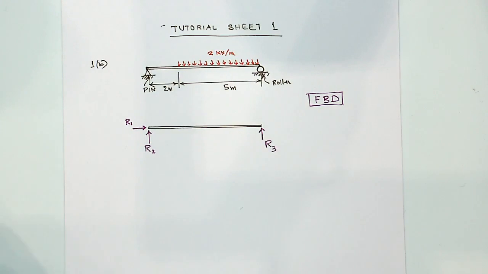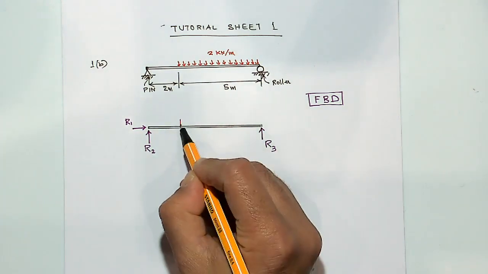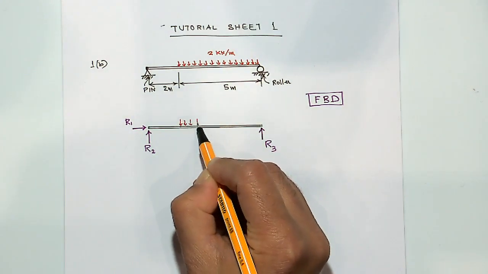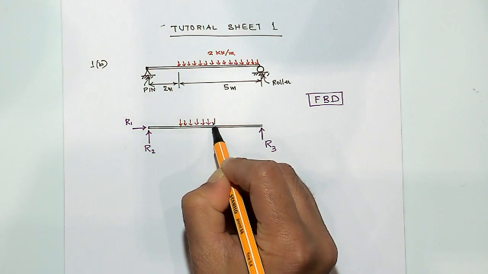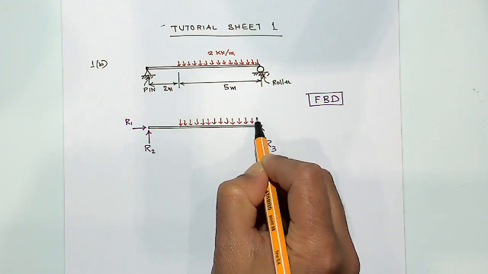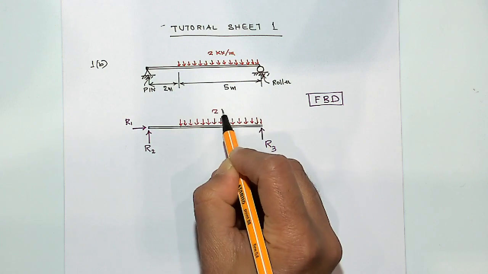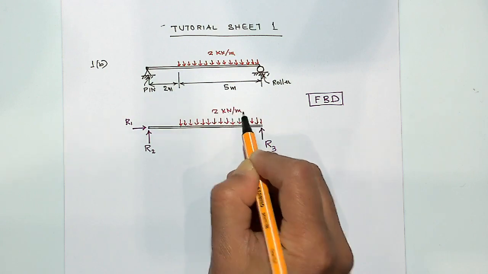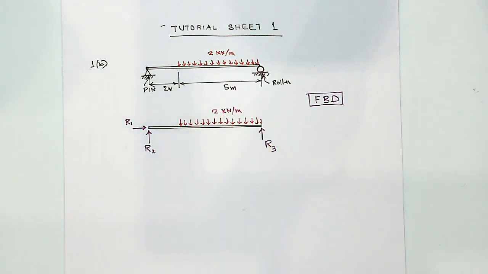And next you put all the loads that are acting onto the system. So these are all the loads. This is 2 kilonewton per meter, over a 5 meter length. So we can now find out R1, R2 and R3 using our equilibrium equations.